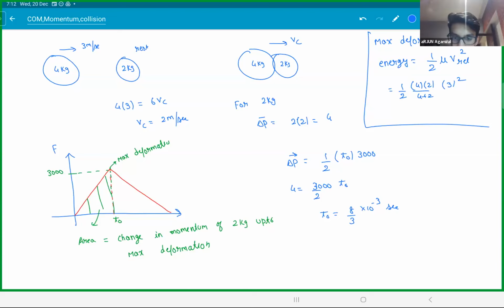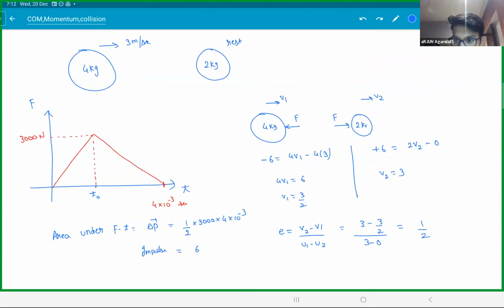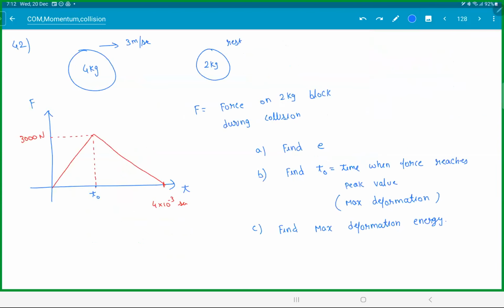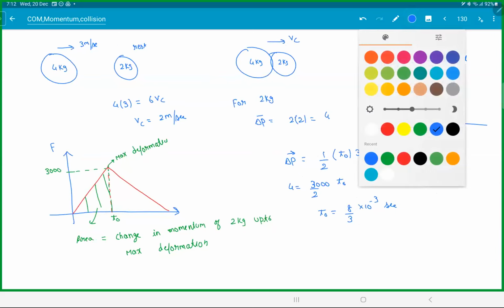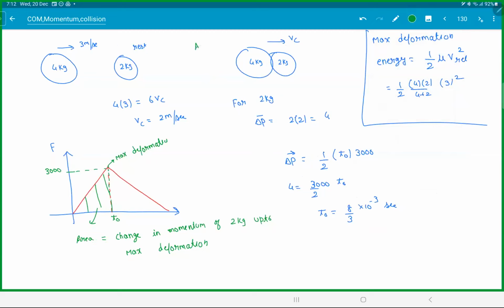Hypothetical graph, but please check everyone. Ask me if you're confused. So basically, at max deformation, they have common velocity.